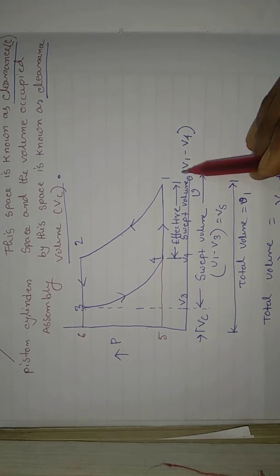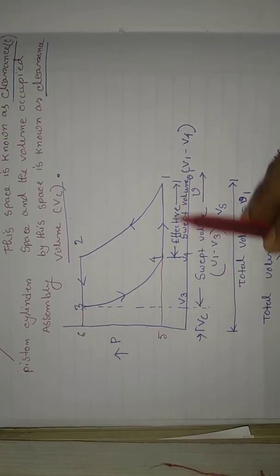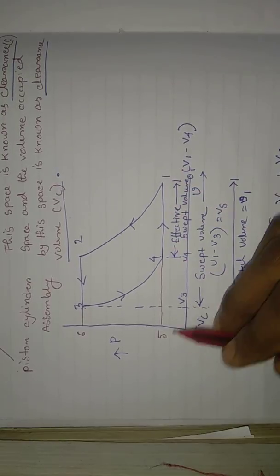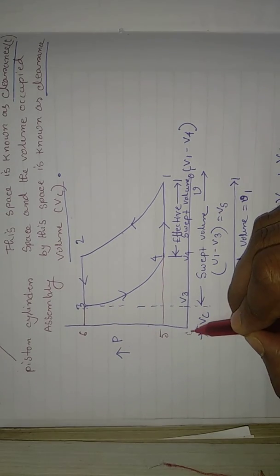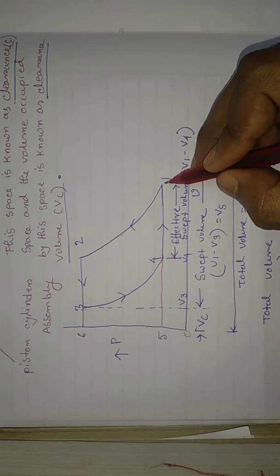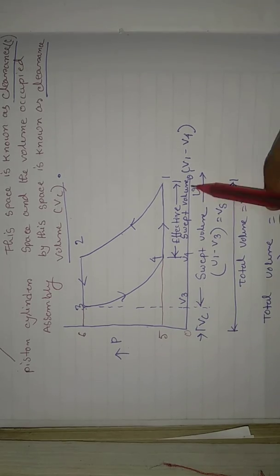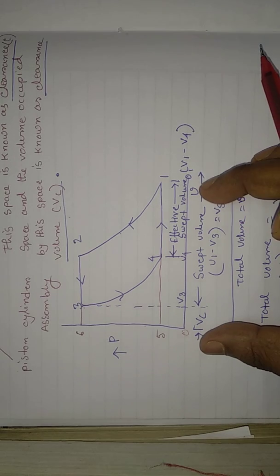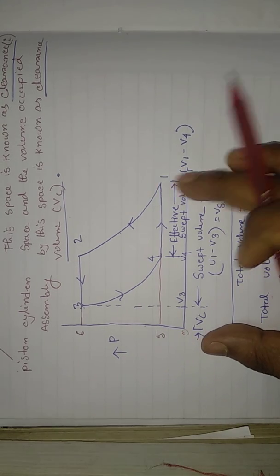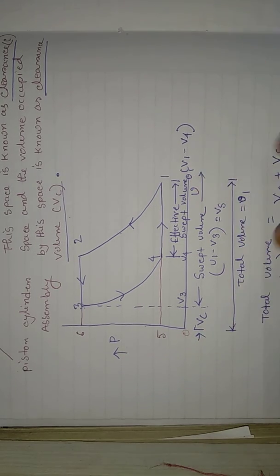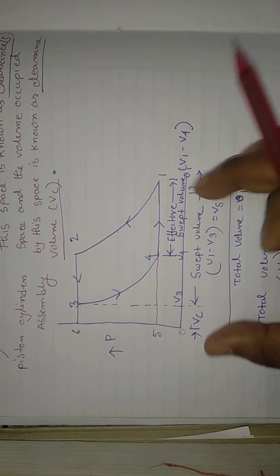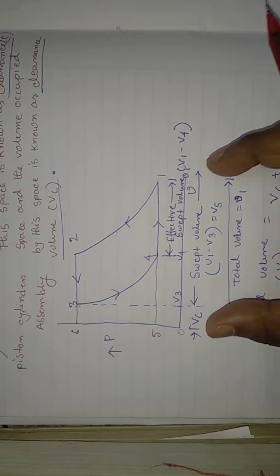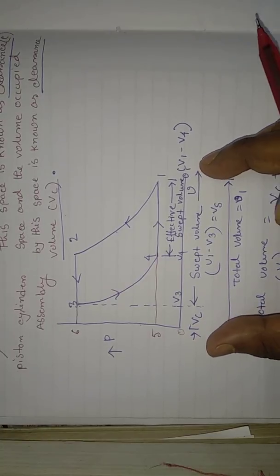Now in the PV diagram, this is the initial point 0, and this is point 1. From 0 to 1, the total volume corresponding to point 1 is called V1. So the total volume in this case is V1.